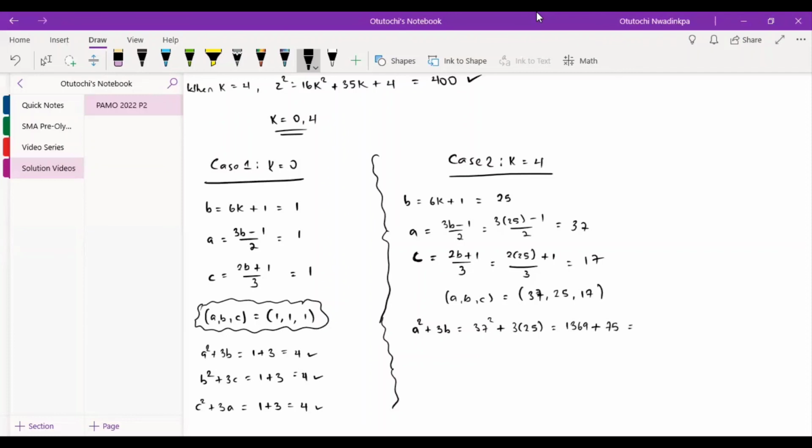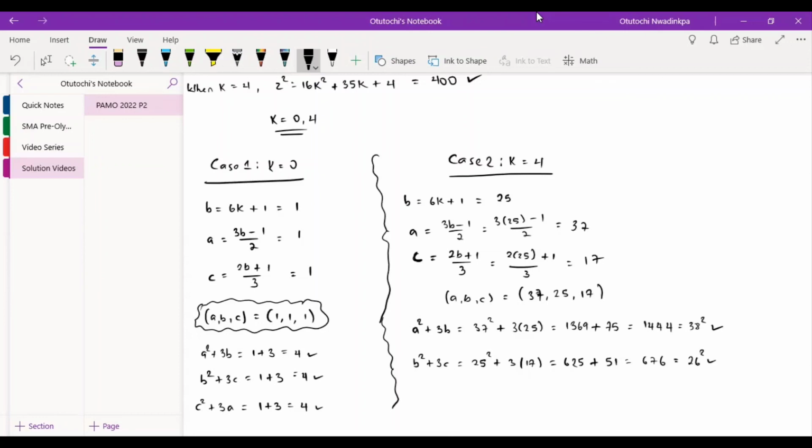When you sum that up, that's 1444, which is 38 squared, and that's perfect. Then the second case, b squared plus 3c, is equal to 25 squared plus 3 times 17, which is 625 plus 3 times 17, which is 51, and when you sum that up, that's 676. So that's 26 squared, which again is perfect.